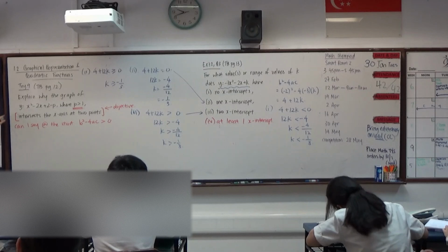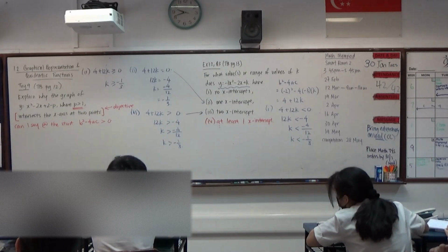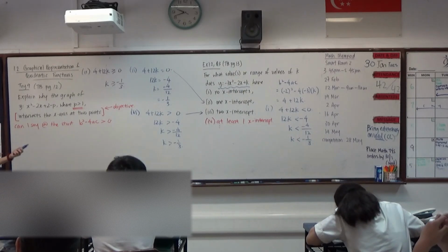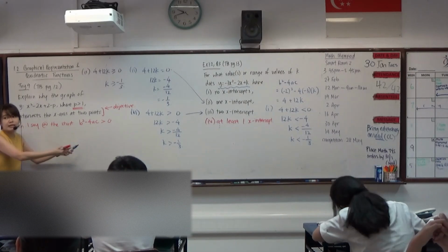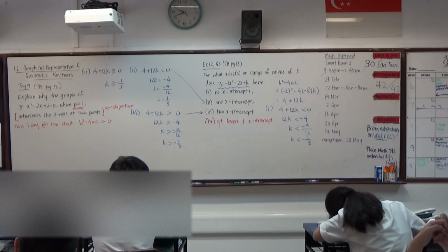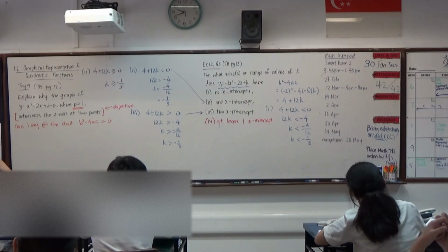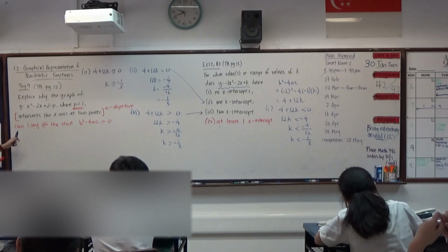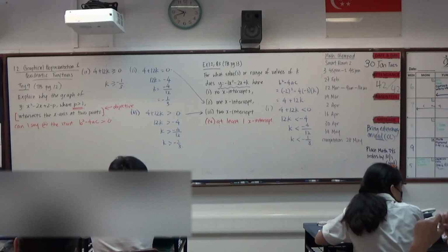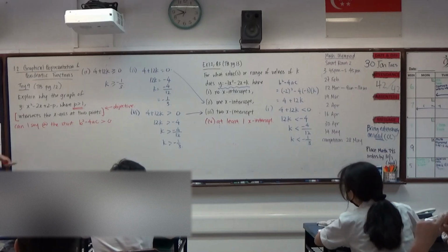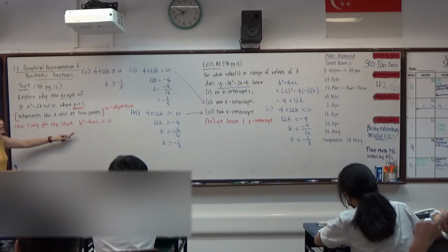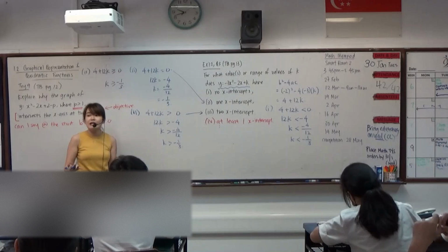So the objective of the question is to explain why this is going to happen. So you cannot use b squared minus 4ac more than 0 at the beginning, because that is what you're supposed to show, what you're supposed to determine at the end of the question. Because when you do that, what you're going to end up getting is the value of p.